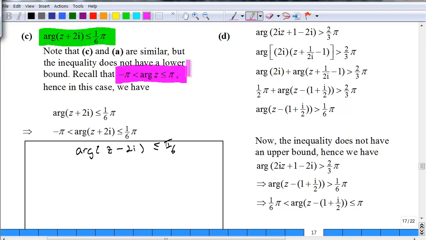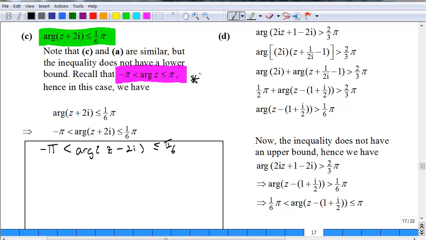So therefore the actual half line must only extend all the way until negative pi, excluding negative pi. Okay, that is why we include negative pi here, because of the principal range of the argument.